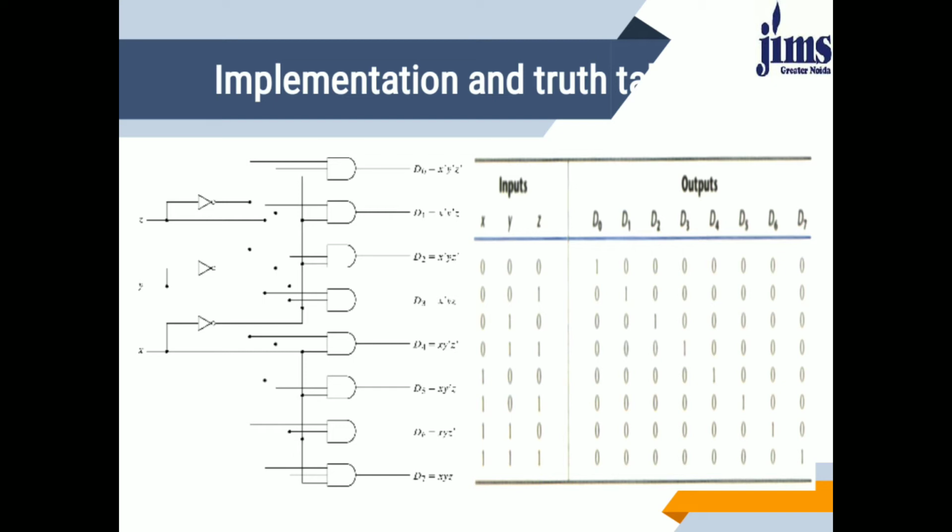At a moment a single AND gate will give output equal to high. So this is the truth table and implementation of a decoder.